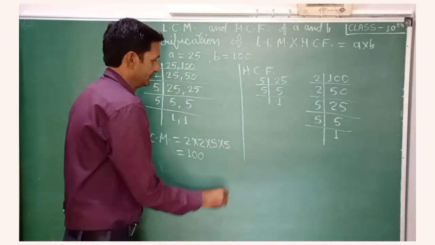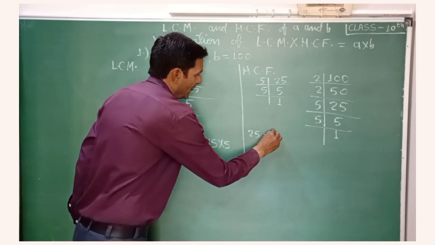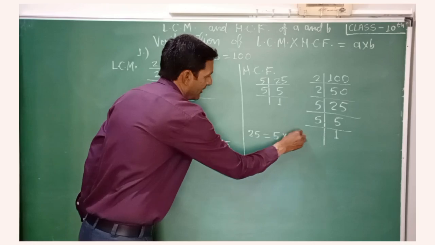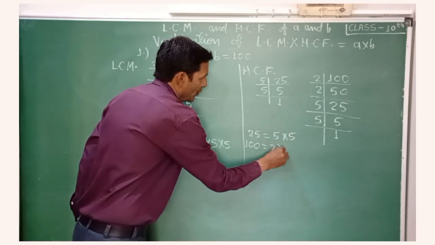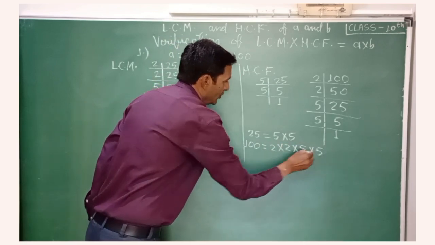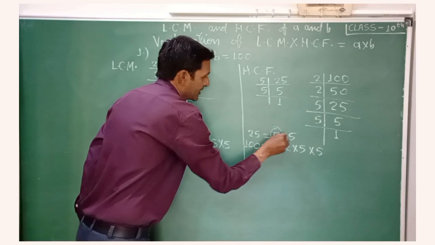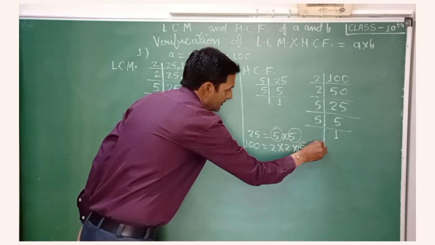So 25 we can write 5 into 5 and 100 we can write 2 into 2 into 5 into 5. So what is common? Here this 5 is common and this 5 is also common.